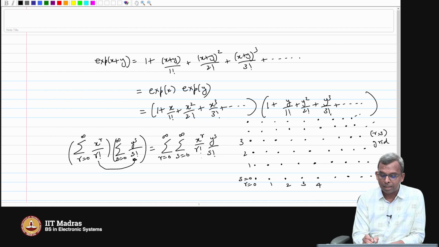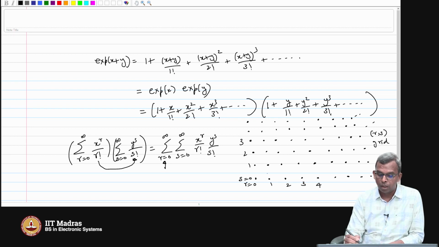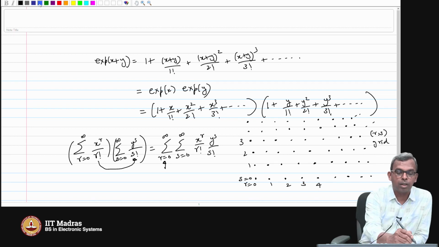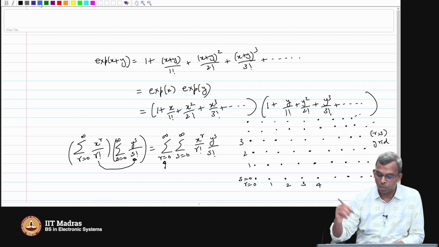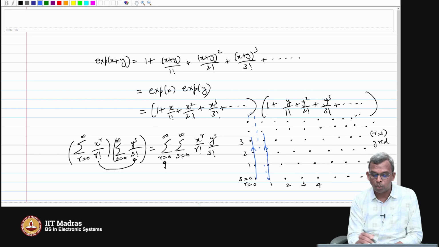That's the important thing. Now what happens in this summation is, you first fix r, right? One r value gets fixed here, and then you go over s. So in the first outer summation, which I'm going to show in blue, I go in this direction, all the way, and then come back here and then go in this direction again, right? So for r equal to 0, I do s equals 0, 1, 2, 3, so on, right?